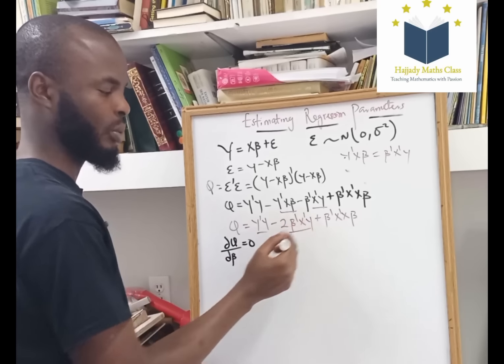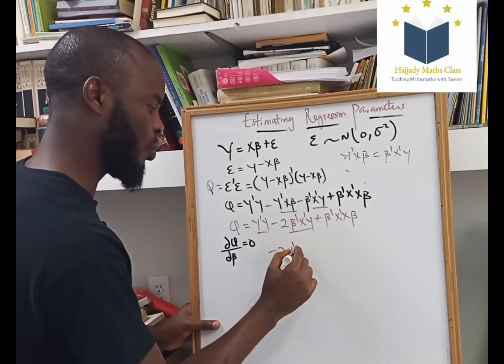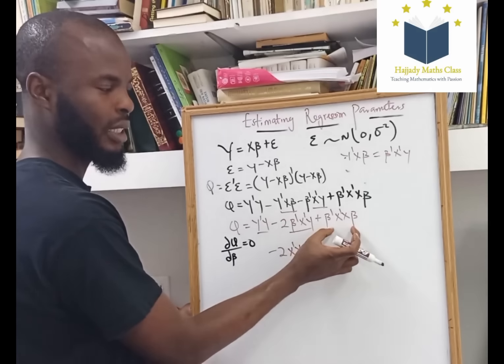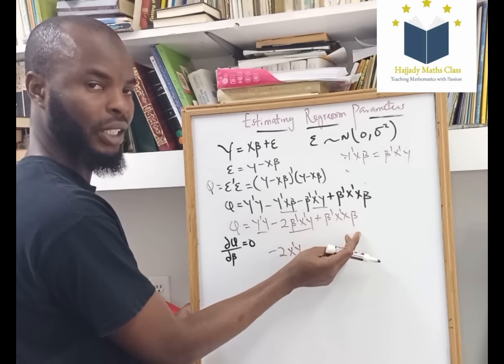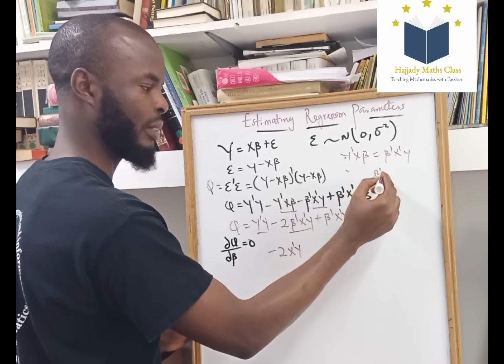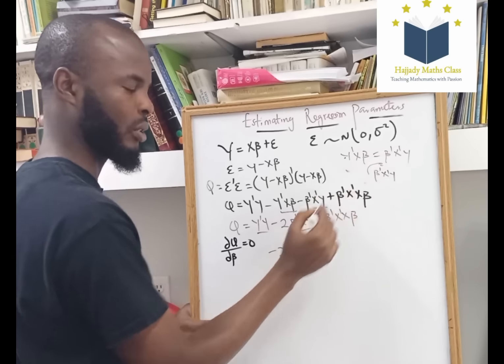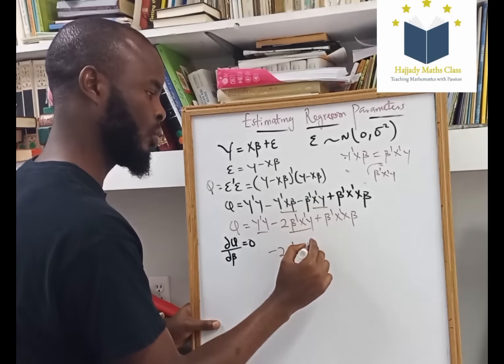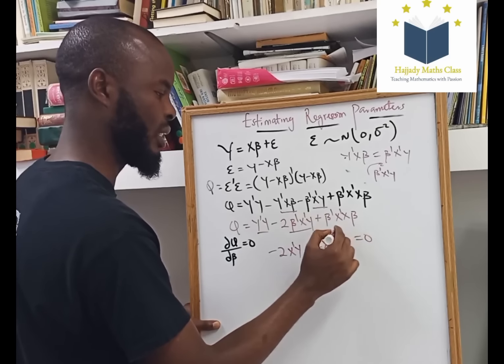Differentiating this with respect to β, here I'm going to have negative 2X prime y. Differentiating this with respect to β, this is like having β squared, so the power comes to the front. So we have 2X prime Xβ equals to 0.